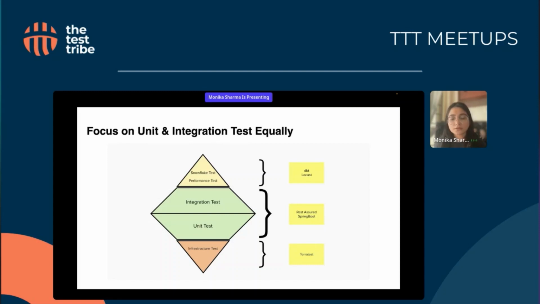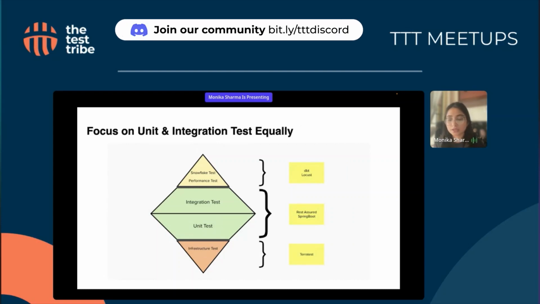So that will be covered as part of the infrastructure test, which I have written below. And at the top, I have mentioned the performance test and the Snowflake test. With the Snowflake test, I'm going to check the connectivity, that is, what data is coming in and out of Snowflake, and the performance as well.